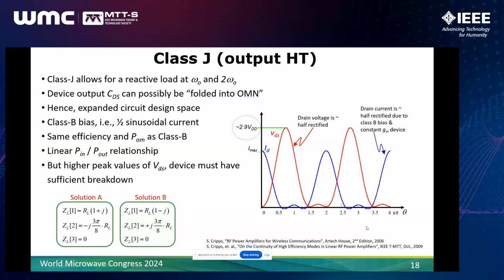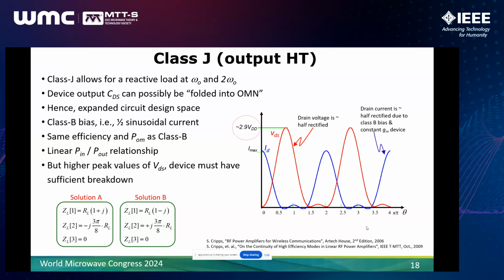So it gives us an increased design space. We still want to bias the device to create this half-rectified sinusoidal current. So similar to class B, this has a linear input-output power relationship.